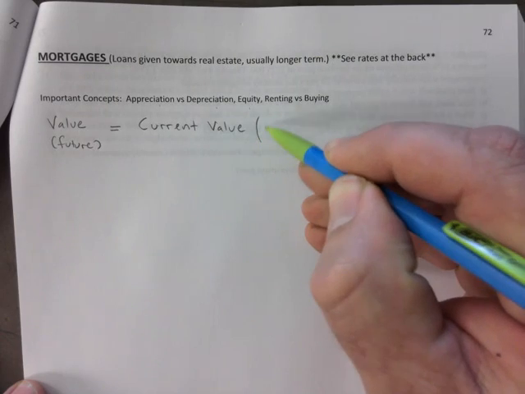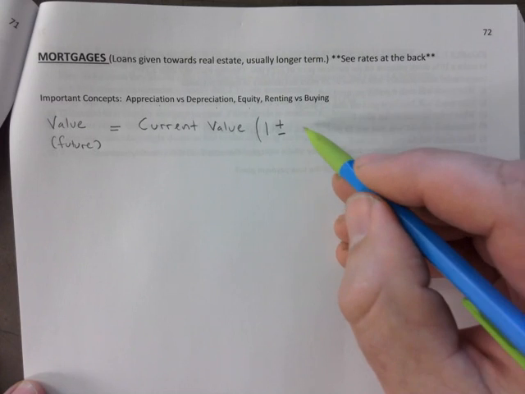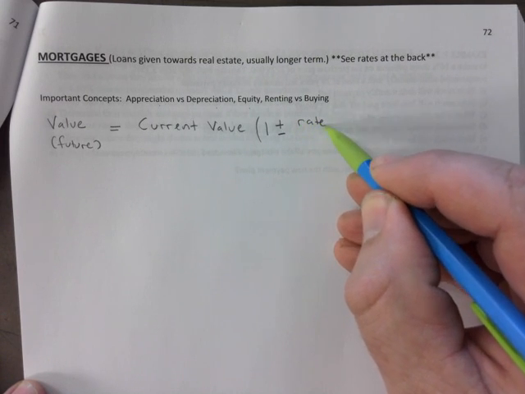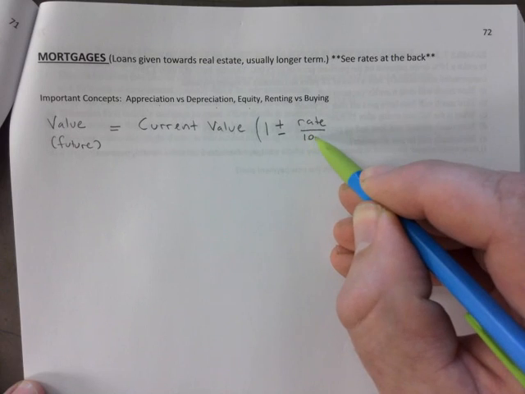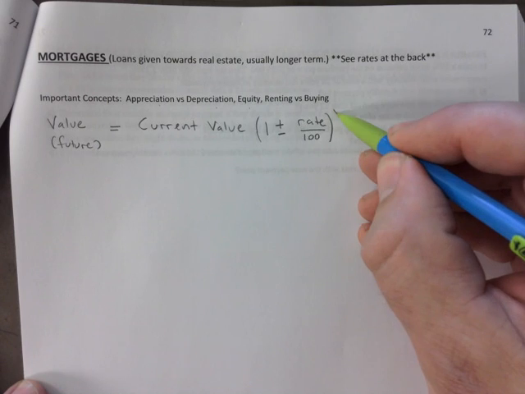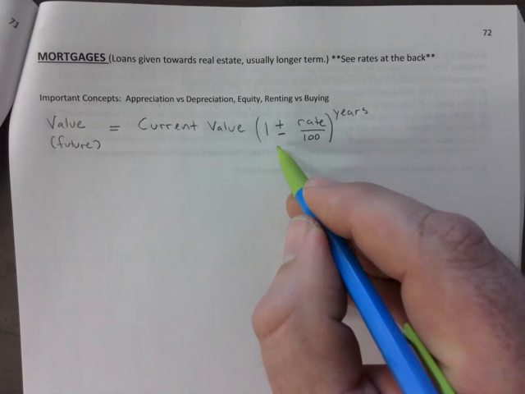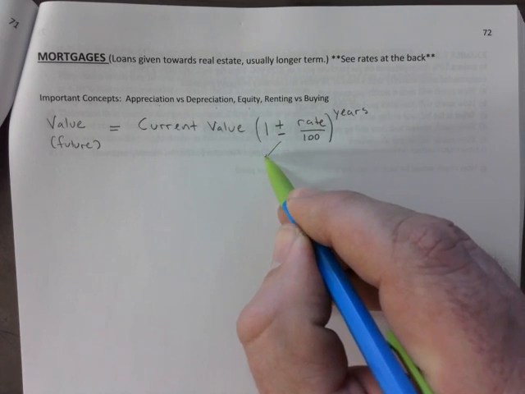And then you go 1 plus or minus the depreciation or appreciation rate divided by 100, to the power of years. And you may already have this, but obviously I would just say maybe make a note here.